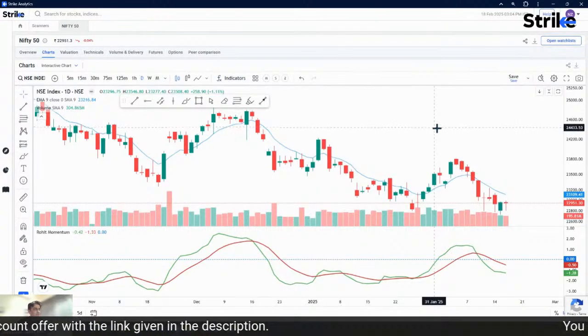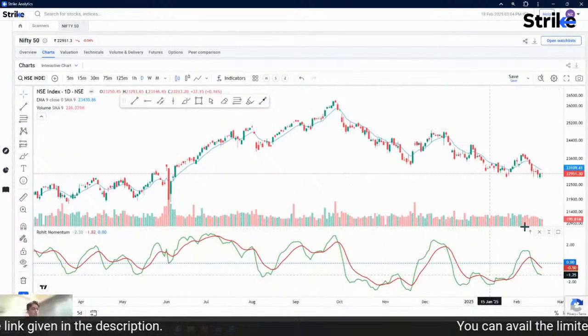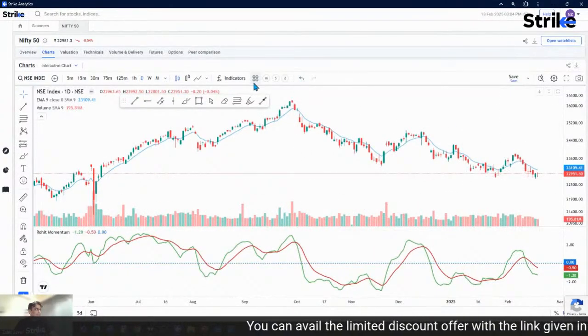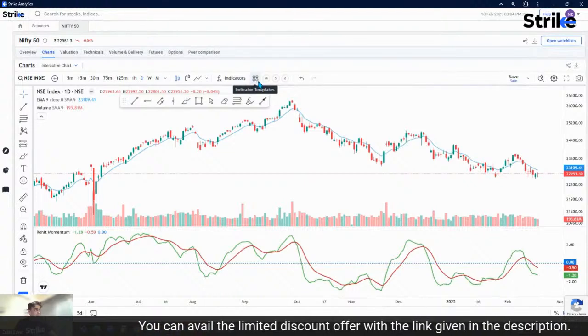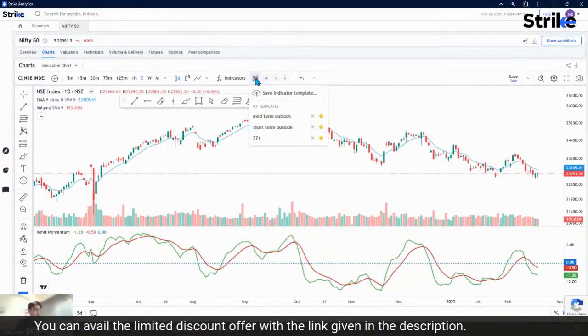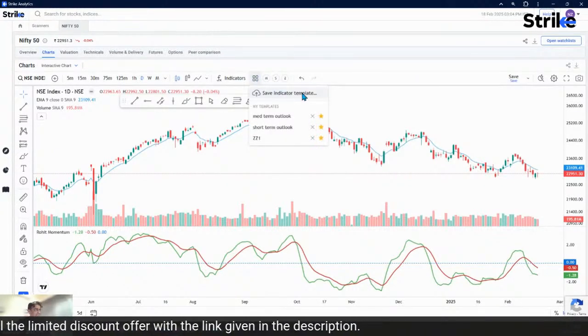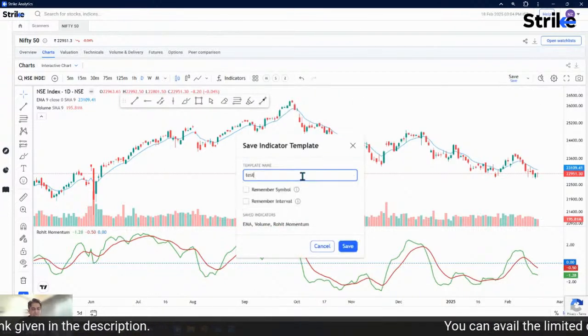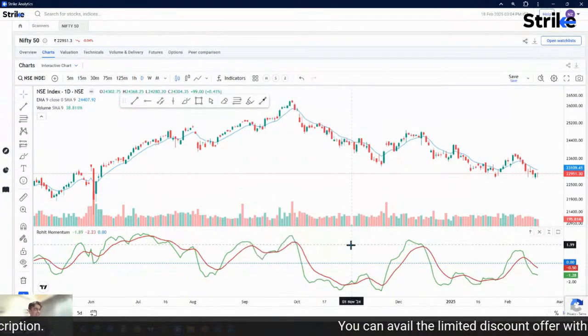So now whenever you want to study only these indicators, you can click on these four boxes over here and say save indicator template and say test, or whatever name you wish to give, and say save.